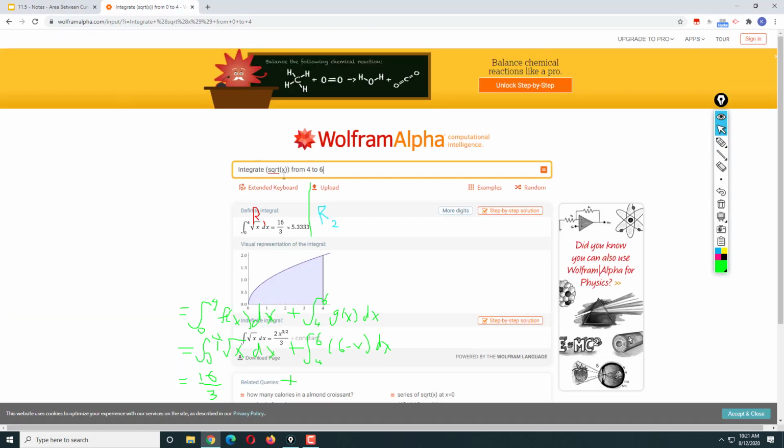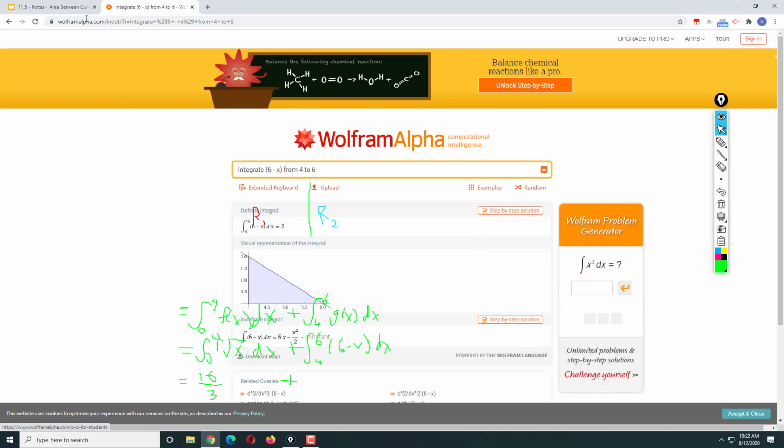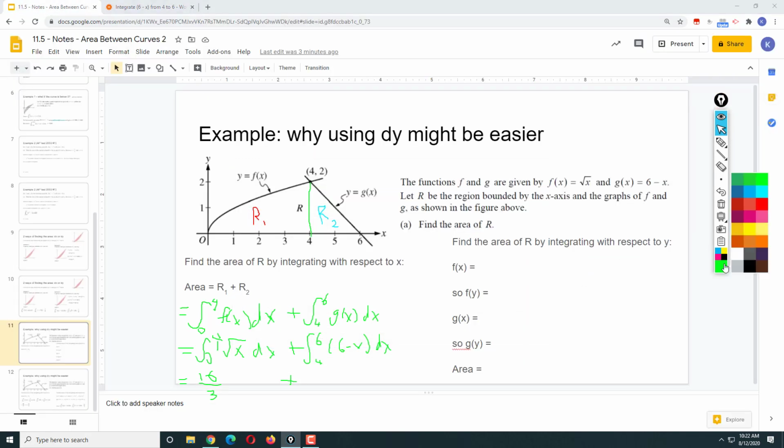We're integrating from 4 to 6 of the function 6 minus x. And that area is 2. We could have just used geometry for this one. This is a triangle because 6 minus x and 0 makes a triangle with base 2 and height 2, so the area is 2. 16 over 3 plus 2. 2 is 6 over 3, so it's 22 over 3. That's the area.